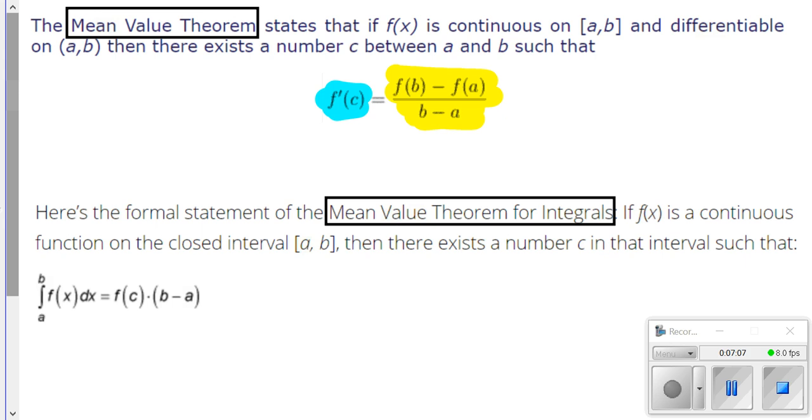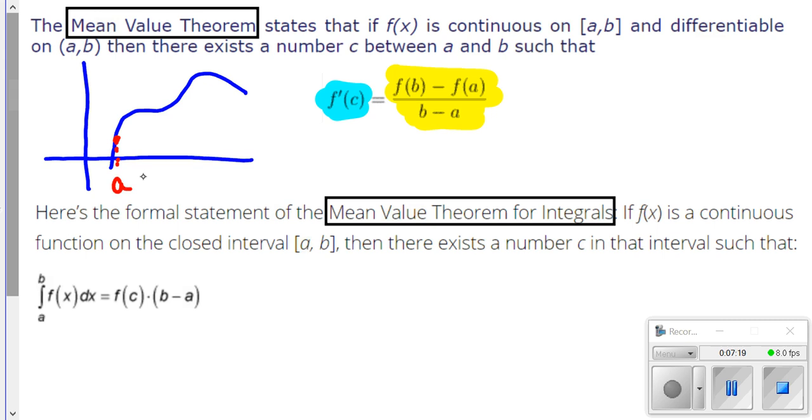This is always a question. Can I draw? So if I had a function, and let's say that A was over here, and B was over here. And then the line that connects those, in other words, the secant line, would have some particular slope.